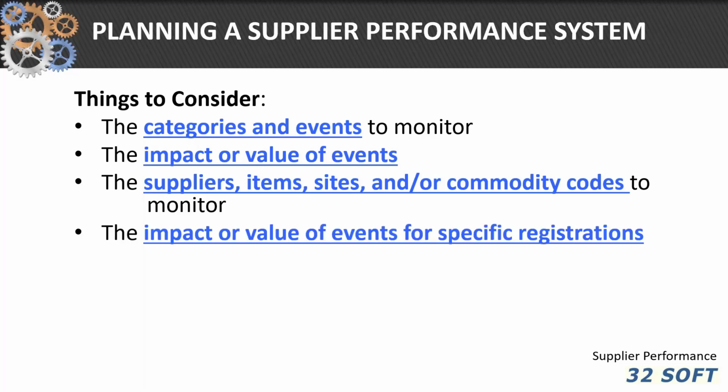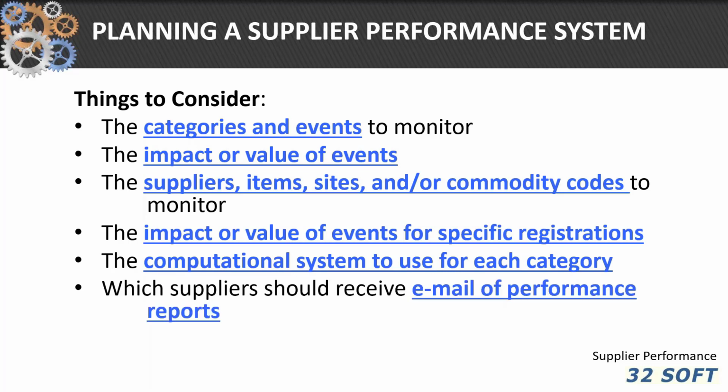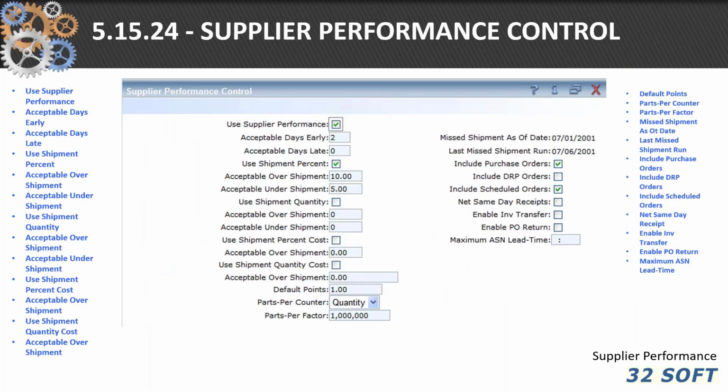You're going to have to consider the impact or value of events for specific registrations or items. You're going to have to understand the computational system for each calculation, and we'll go through that part, the calculations. And then which suppliers should receive the email of the performance report that we saw in the 2.3.1 process.